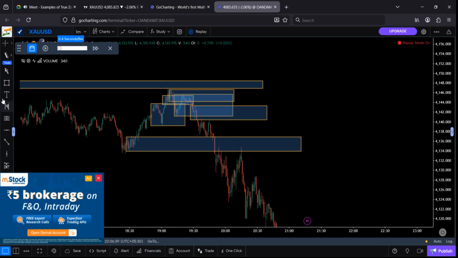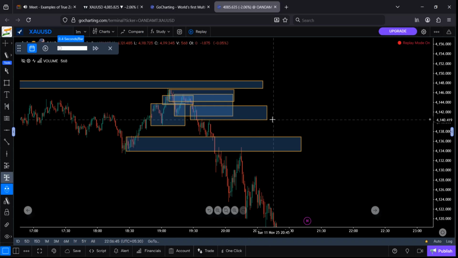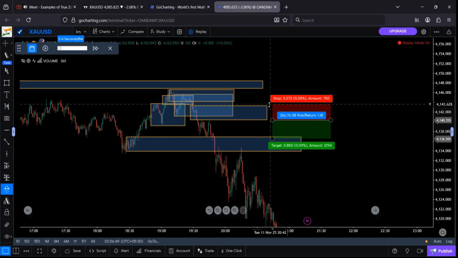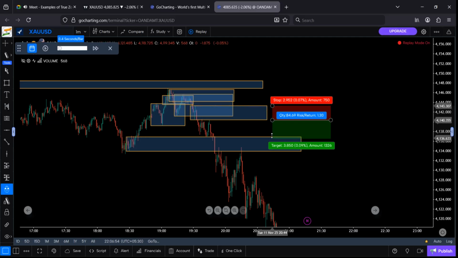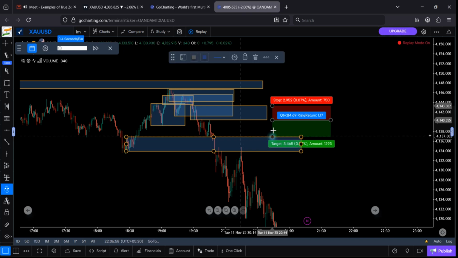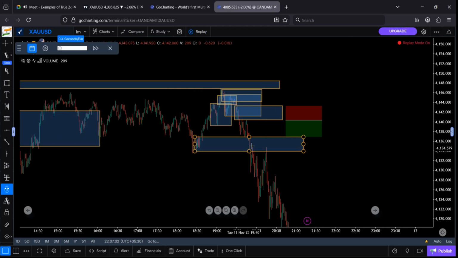Okay, so if we look at here, do we have enough room or not? Till here we have only 1:1. Only 1:1 will be covered here, right?